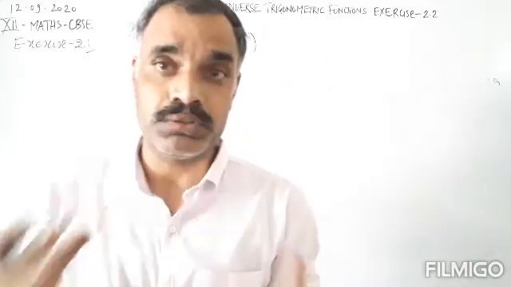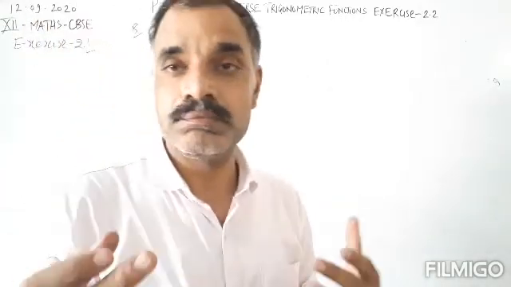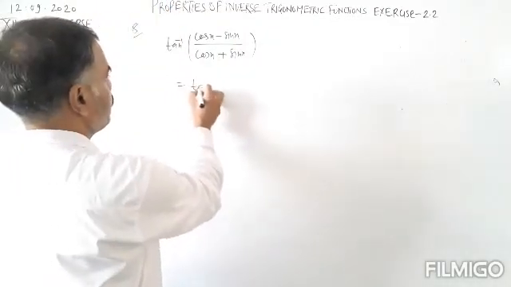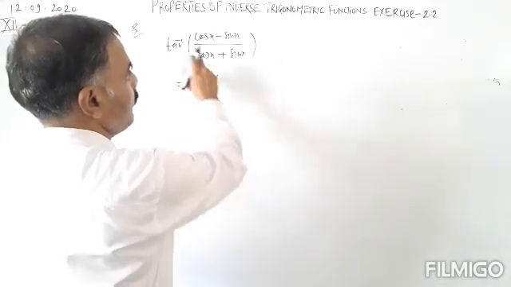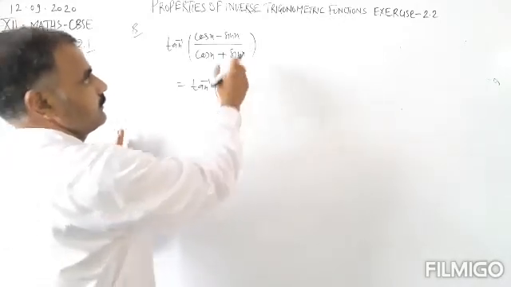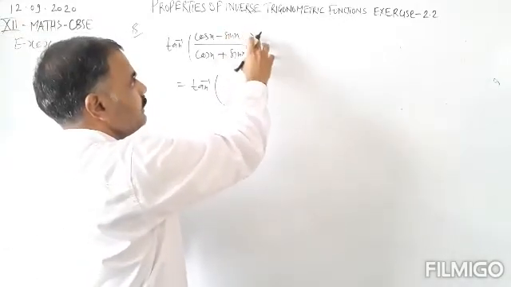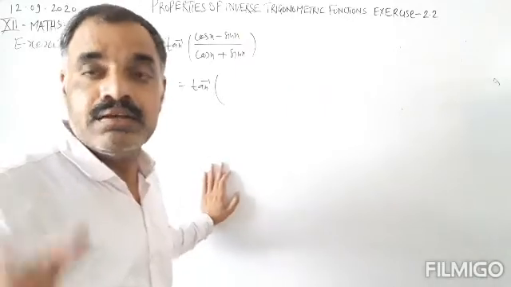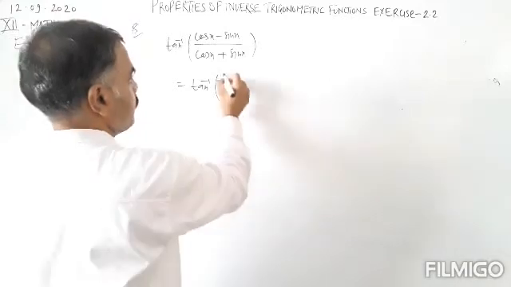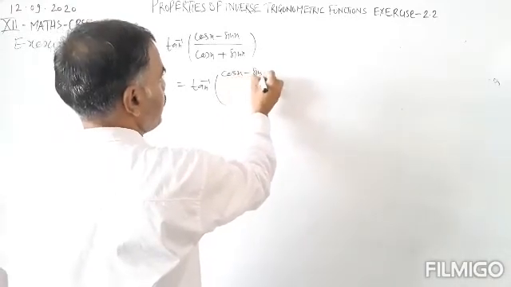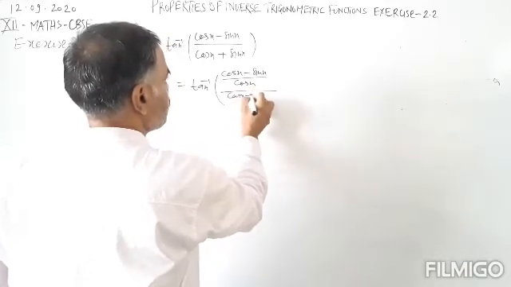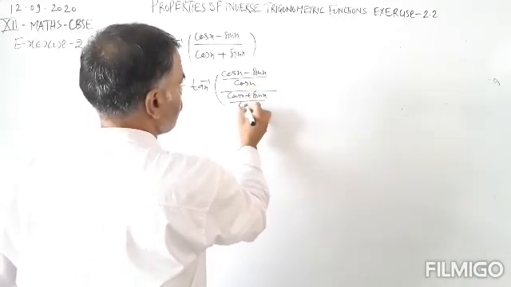This is also an important inverse trigonometric function. Divide the expression within the bracket by cos x. Numerator and denominator both will be divided by cos x. So cos x minus sin x divided by cos x, upon cos x plus sin x divided by cos x.